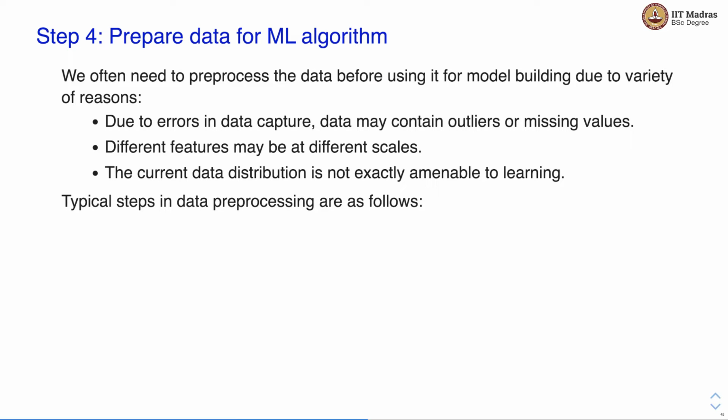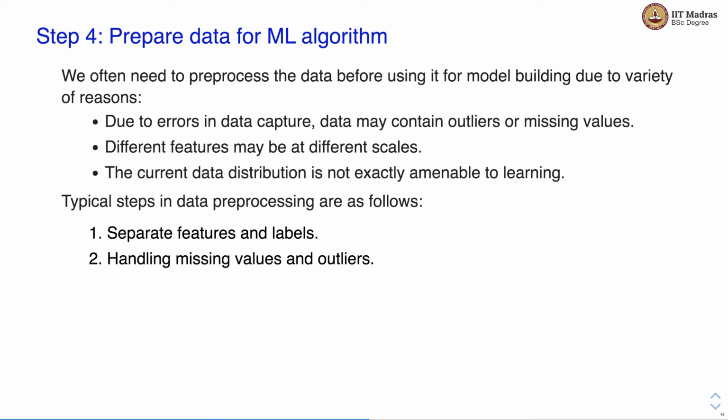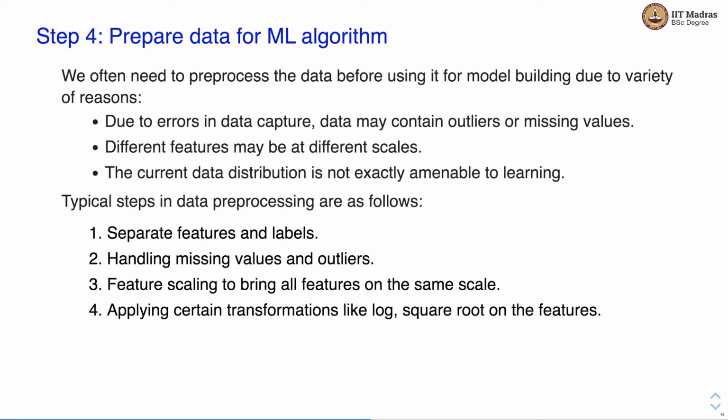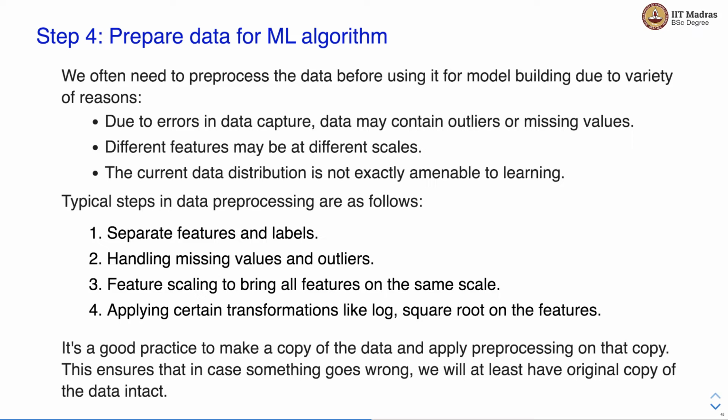So we apply certain steps for data preprocessing, and these steps are separating features and labels, handling missing values and outliers, feature scaling to bring all features on the same scale, and then applying certain transformations like log and square root on the features. So you can see that these four steps are addressing the issues that we discussed a few minutes ago.